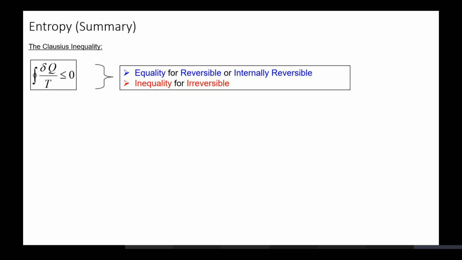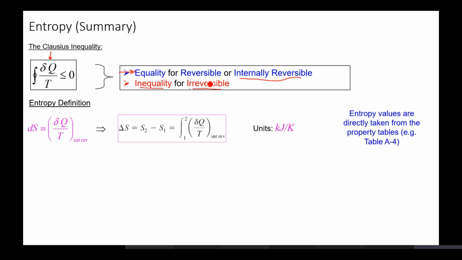Moving towards the summary of what we had covered so far. First thing, we looked into the Clausius inequality, which says that the cyclic integral of del Q over T is less than or equal to zero, where the equality sign represents a reversible or internally reversible process, and the inequality sign represents an irreversible process.